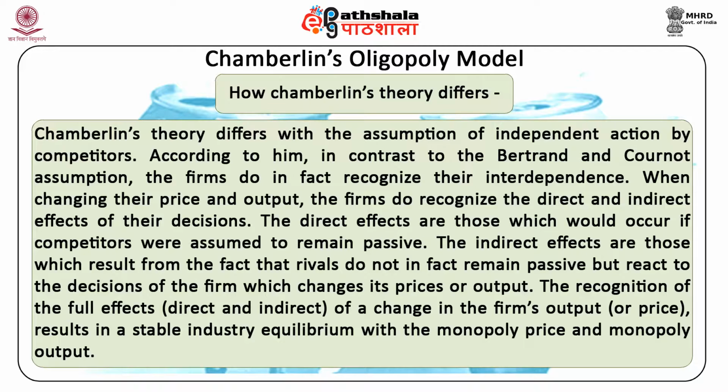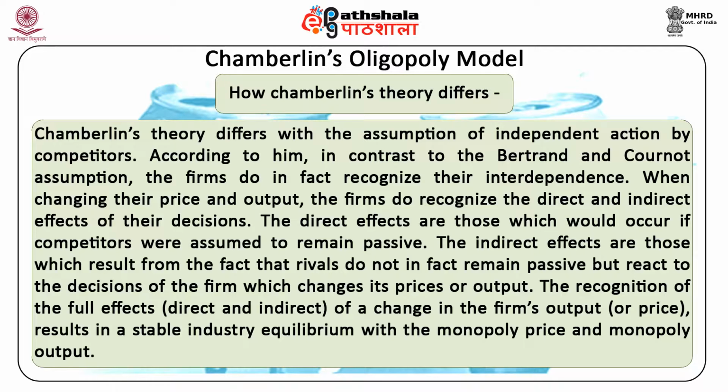The recognition of the full effects, direct and indirect, of a change in the firm's output or price results in a stable industry equilibrium with the monopoly price and monopoly output.